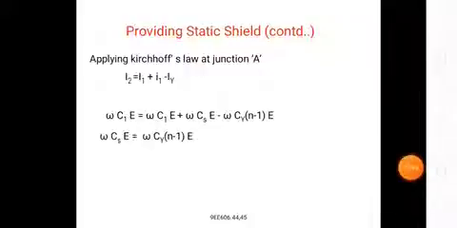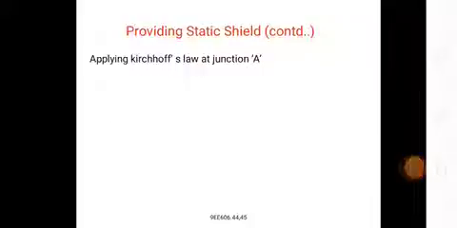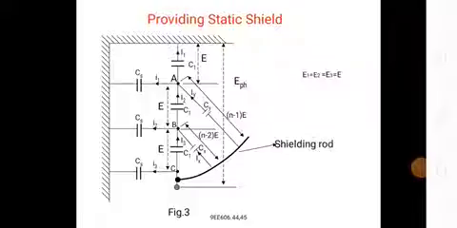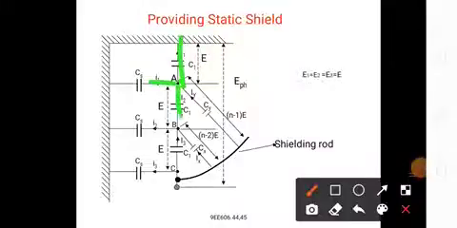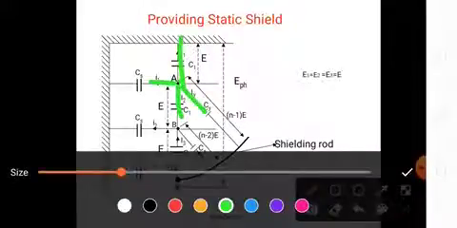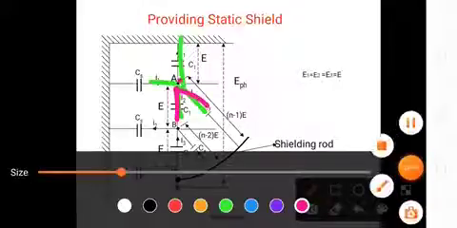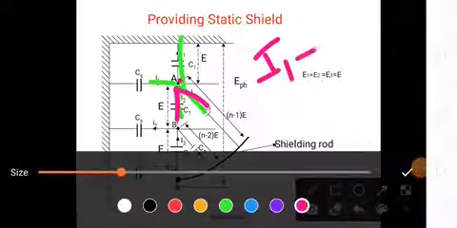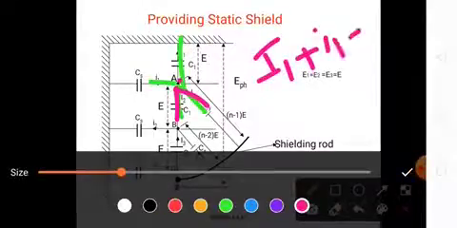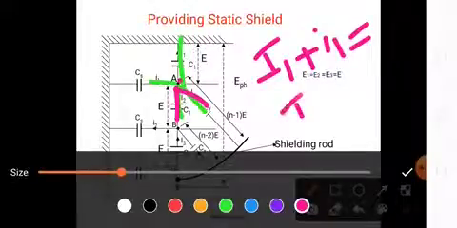See in the previous slide, at this point these currents are leaving and these currents are entering, right? The pink currents are entering and these currents are leaving. So capital I1 plus small I1 is equal to capital I2 plus small Iy.